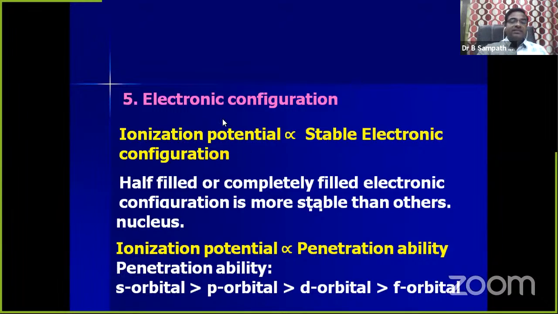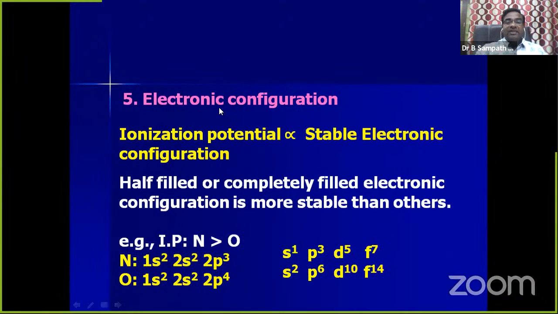The next one is electronic configuration. Here, ionization potential also depends upon the electronic configuration. Let us see. Ionization potential is directly proportional to the stable electronic configuration. What is stable electronic configuration?